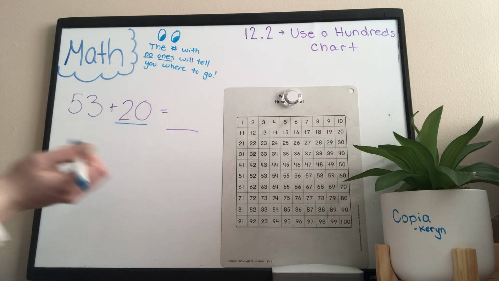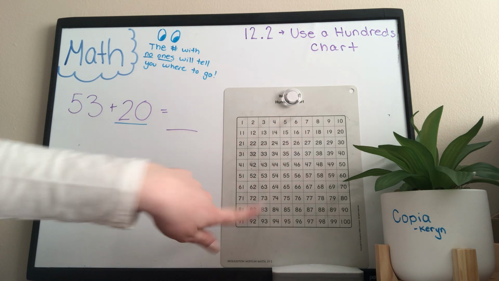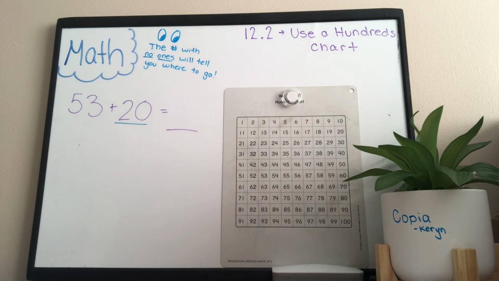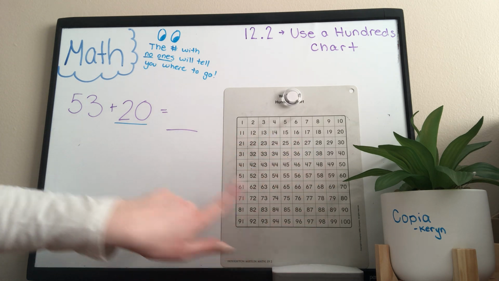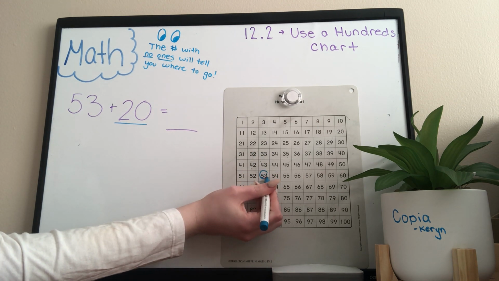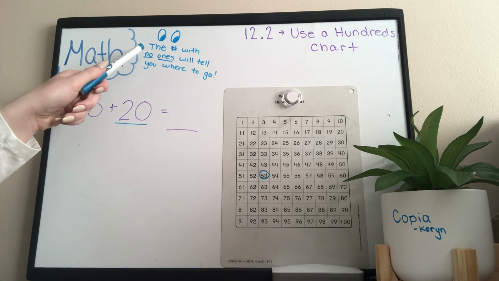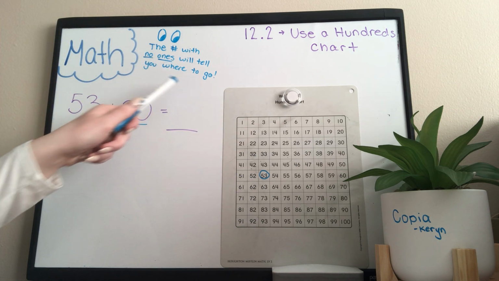So what I'm going to do is find 53 on my hundreds chart, and then my 20 will tell me where to go. Where do you see 53 on the hundreds chart? Wonderful. 53 is right here. And remember, the number with no ones will tell you where to go.